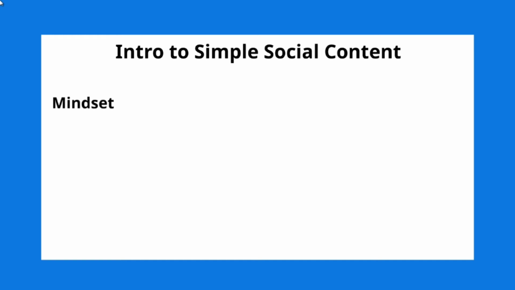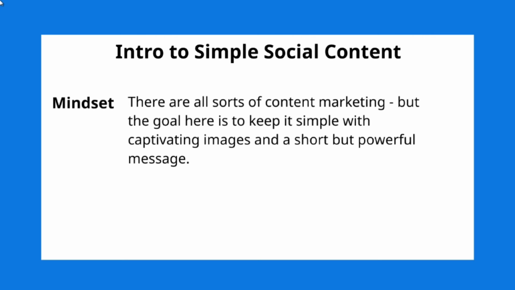Now, before we jump in, I want to talk briefly about mindset because I want to make sure that you're in the right mindset before we get started. You see, there are all sorts of content marketing out there, but the goal here is to keep it simple with captivating images and a short but powerful message. And I'm going to show you what I mean in just a second.